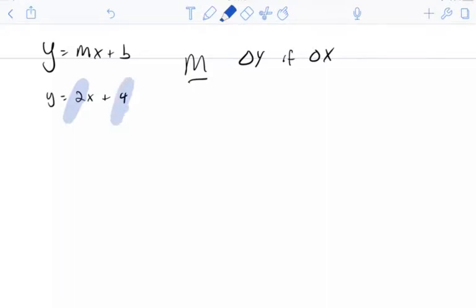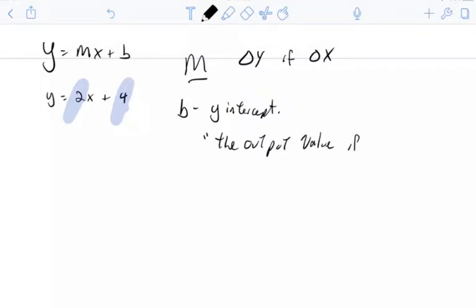B, on the other hand, is the y-intercept. Its value is just the output value if x is equal to 0. So if you set x equals 0, the value b is just the output, which is kind of obvious when you look at the equation, but it has an important aspect to it when we see it on a graph.